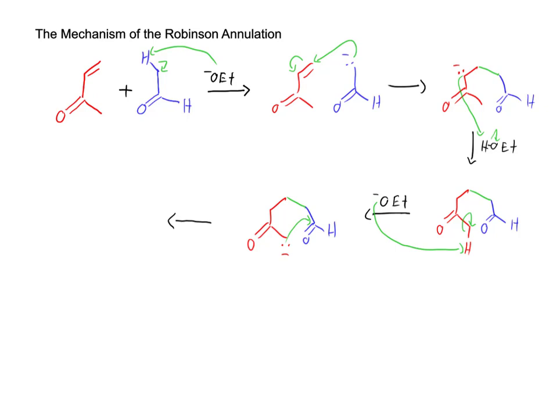The double bond is going to break and go up to the oxygen, giving us an O negative. Notice since I don't have an aldehyde anymore, I'm going to drop off that hydrogen because we typically don't draw hydrogens on carbons in organic chemistry. Next, of course, that alcohol that we just regenerated is going to be used to protonate that oxygen.